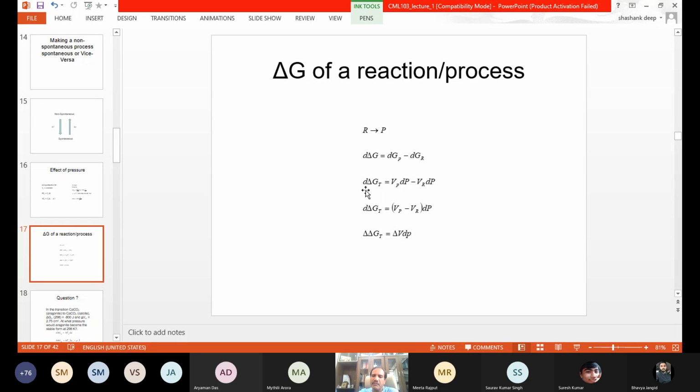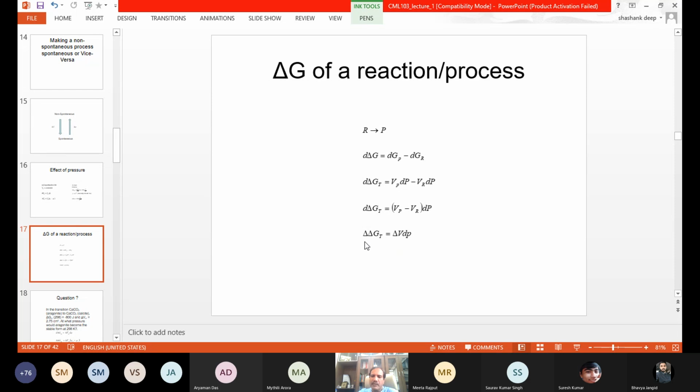I know that dG of product will be volume of product times dP, minus volume of reactant times dP. Assuming volume is constant with respect to pressure, for a reaction happening in solution phase, you will write (Vp minus Vr) dP, so d delta G is delta V dP.